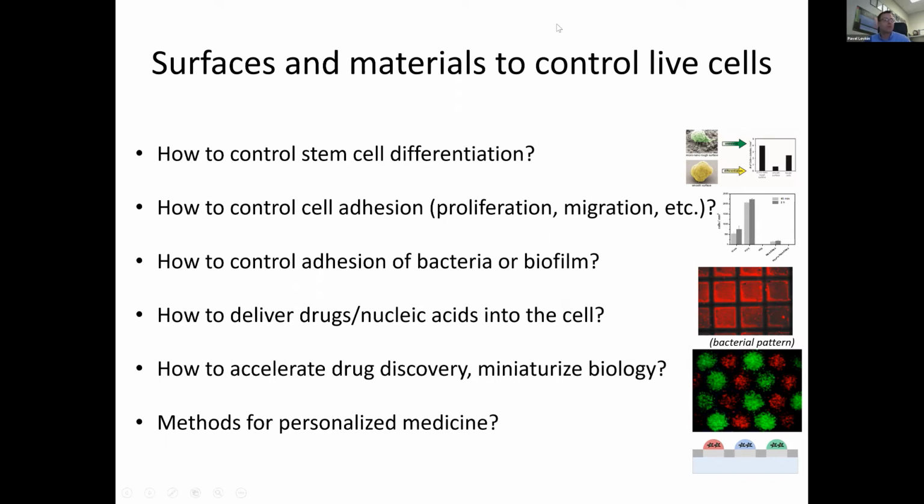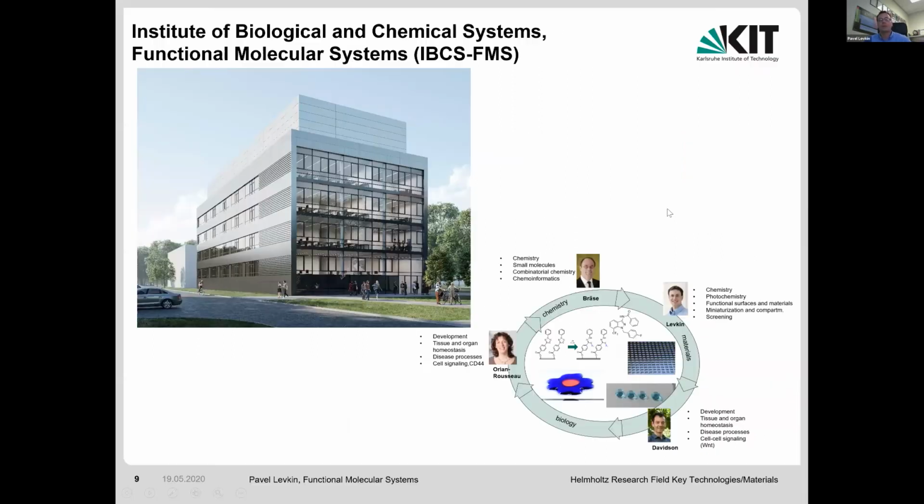That's why I want to show our institute, which I think is really important to be able to work in an interdisciplinary environment, to collaborate, to interact with biologists. My group is located at the Institute of Biological and Chemical Systems, Functional Molecular Systems.